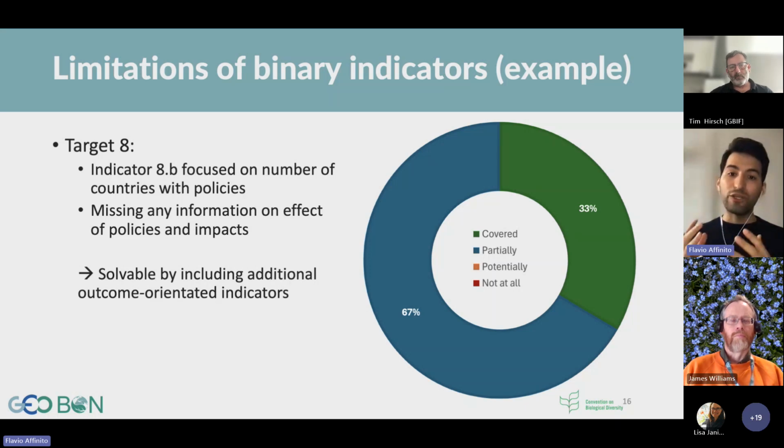So these are really good at giving us a cost-effective measure of progress, but they're not sufficient for outcomes. And how we could improve this is by including additional outcome-oriented indicators. In some cases, these could be component and complementary indicators that are in the framework already, or national level indicators that are being collected and compiled by parties in their own national strategies.